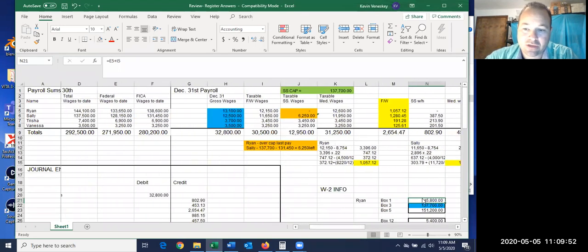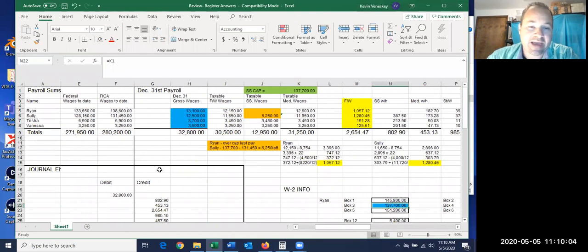I took total taxable wages plus my wages for the first 11 months. Box 3, I hit the cap, so I have to stop at the cap. Box 5, take our Medicare wages and then multiply it by 12, or take our Medicare wages and add in our prior wages.